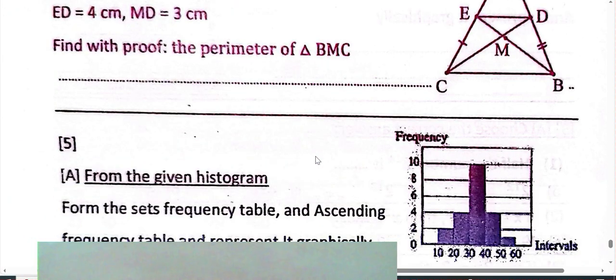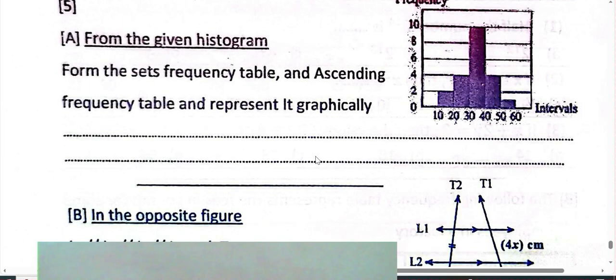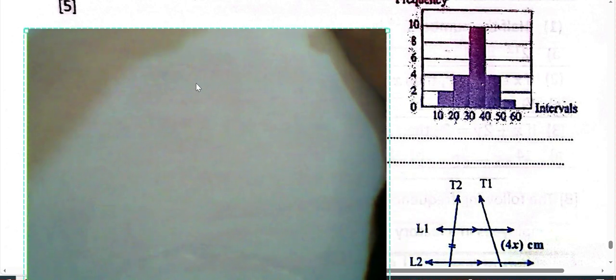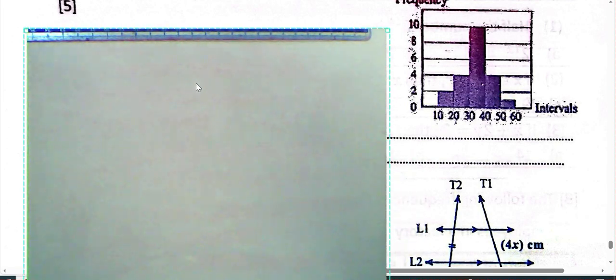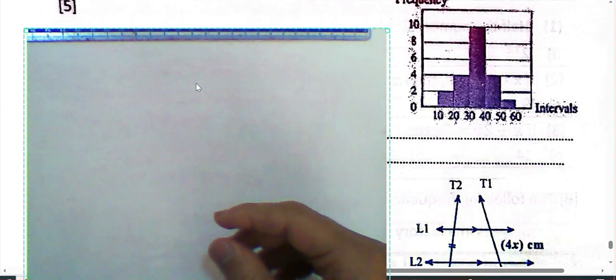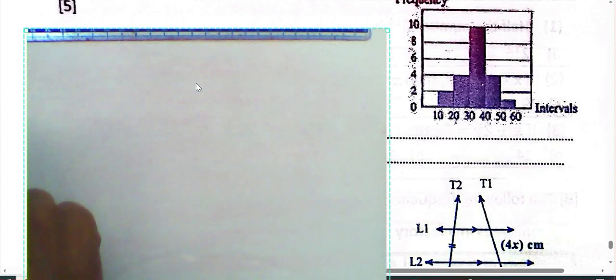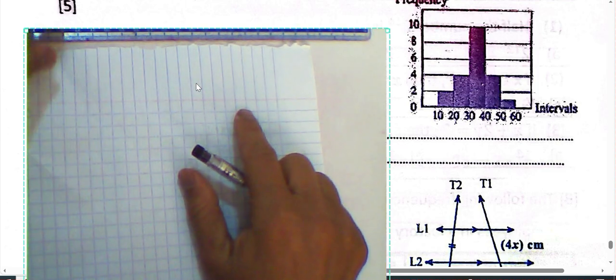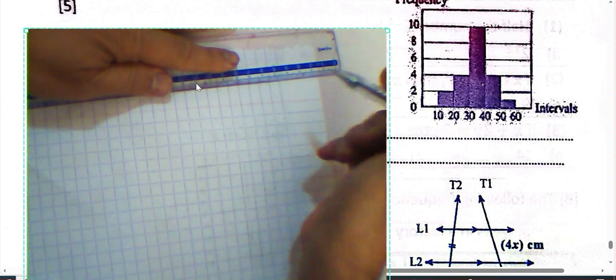Next question, he gave me a histogram. From the histogram, he wants to find the ascending frequency table and represent it graphically. We can draw the information from this table like this, and we draw the upper limit of intervals. First step, I will write the information from this table about the sets.